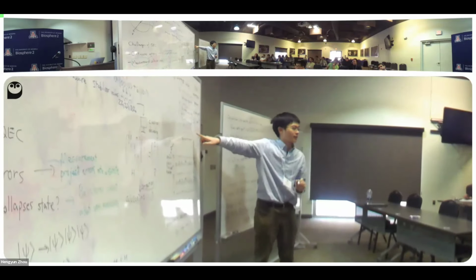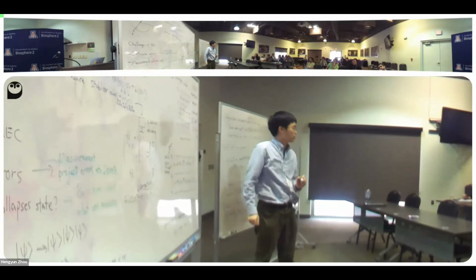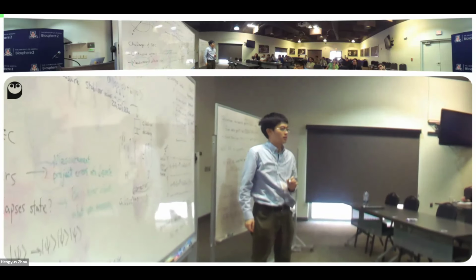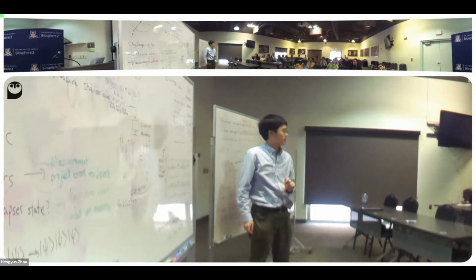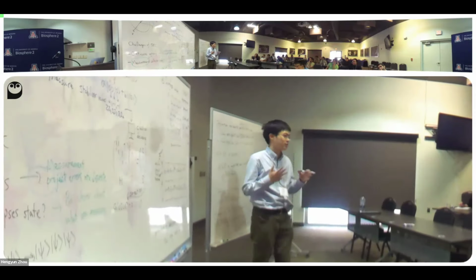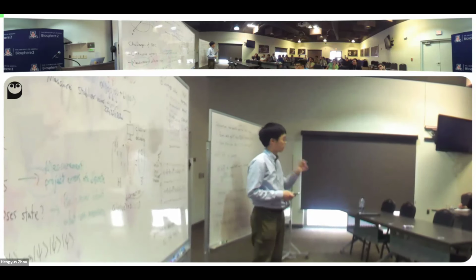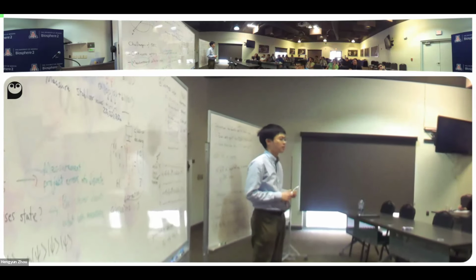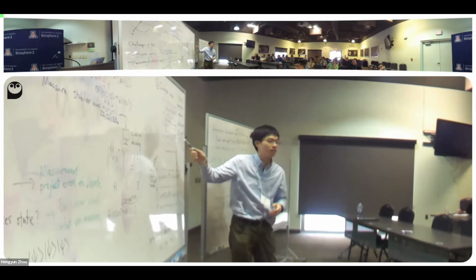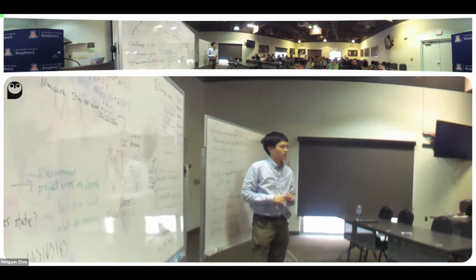Does anyone have a guess as to whether this is the Z logical or the X logical? It needs to commute with all of our stabilizers. And also the Z logical will be a product of Z operators, so there will be some product on these 4 data qubits.